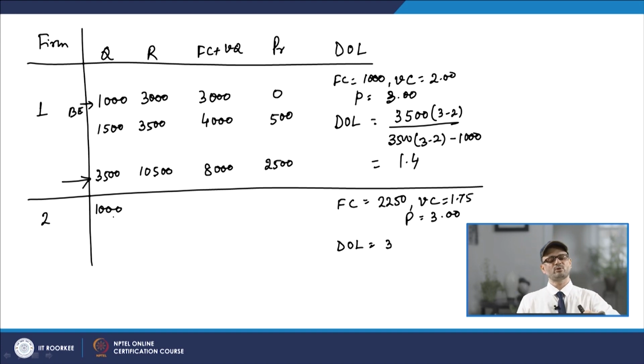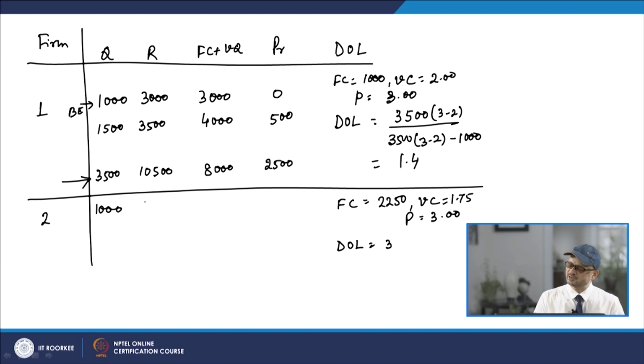At this production rate you will not be going to the break even, because this is the risk of increasing the fixed cost. That will increase the break even.